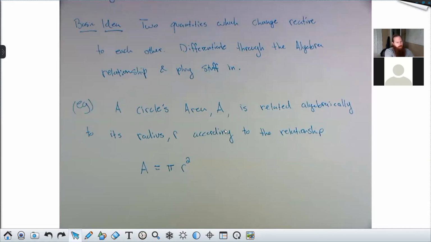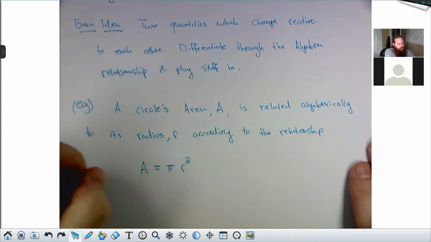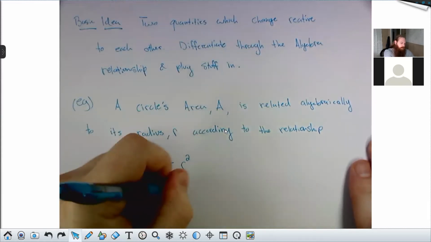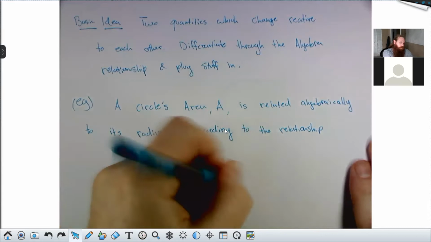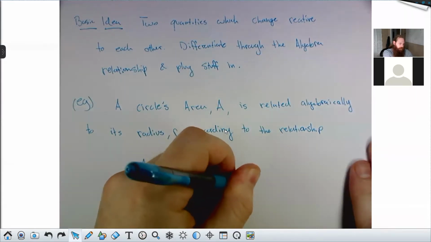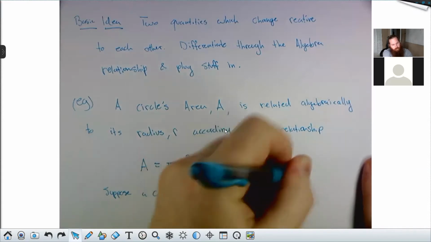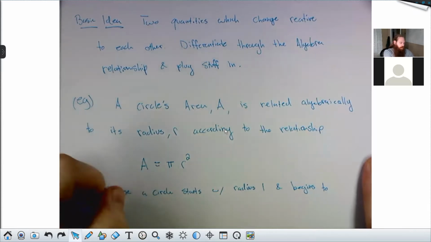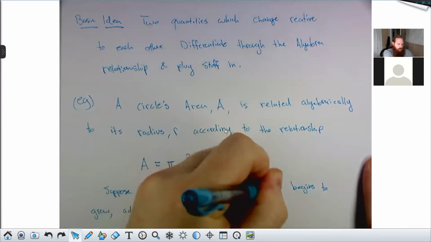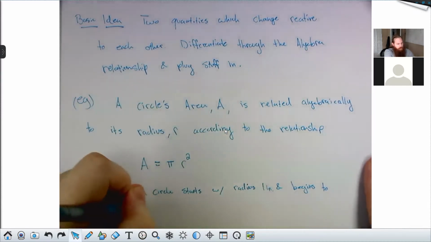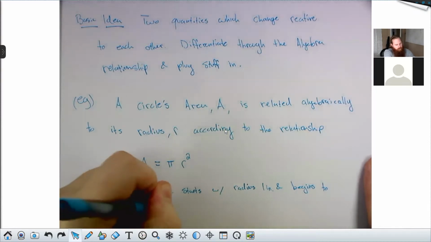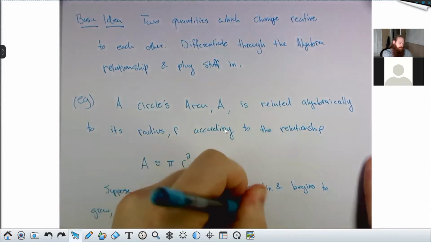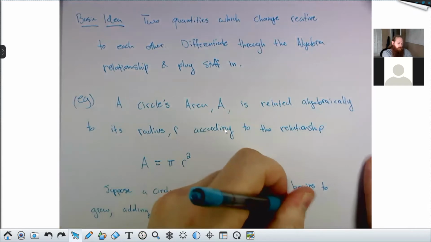what I'd like to know is how, let's say, suppose a circle starts with radius 1 inch and begins to grow, adding 2 inches to the radius every second.